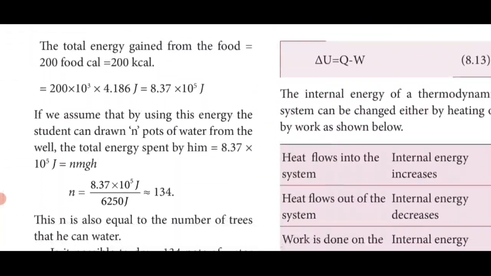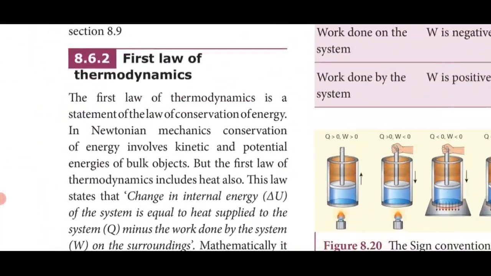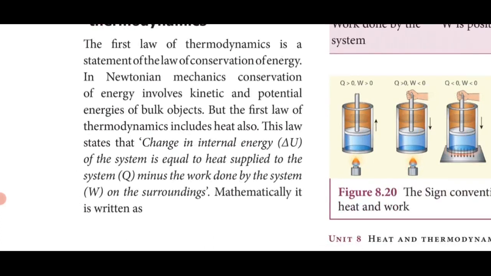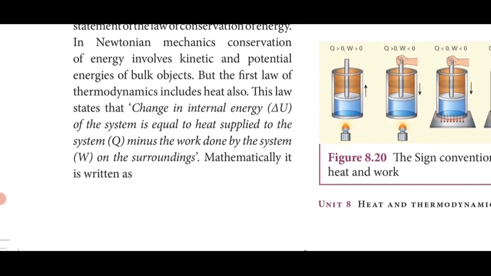Next, we pass on to the first law of thermodynamics. We already discussed the zeroth law of thermodynamics. The first law of thermodynamics is a statement of the law of conservation of energy. In Newtonian mechanics, conservation of energy involves kinetic and potential energy together, of bulk objects. But the first law of thermodynamics includes heat also, that is the difference.